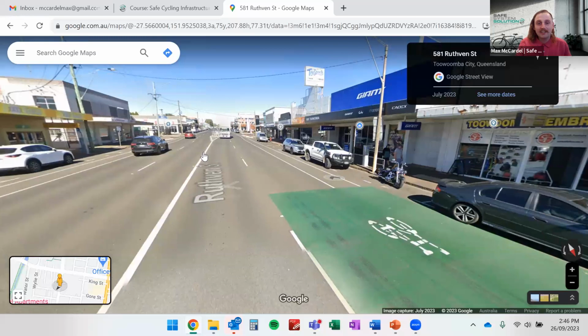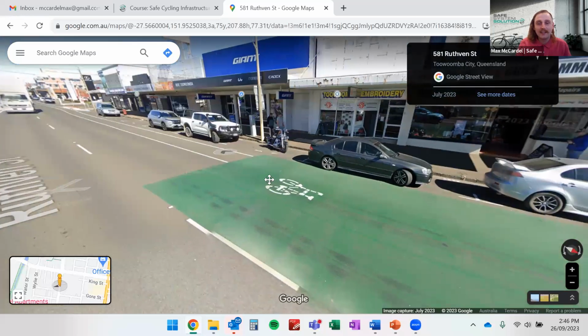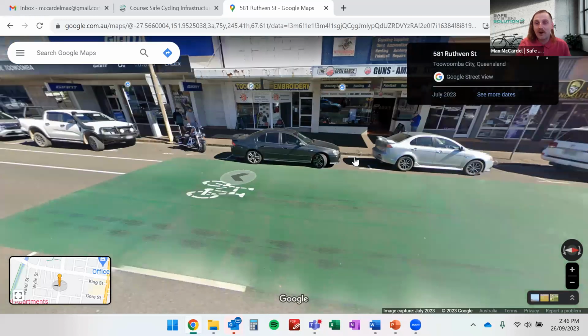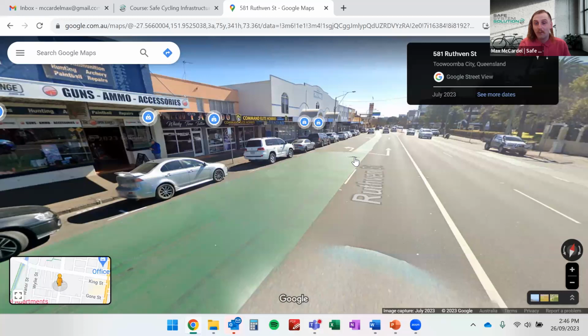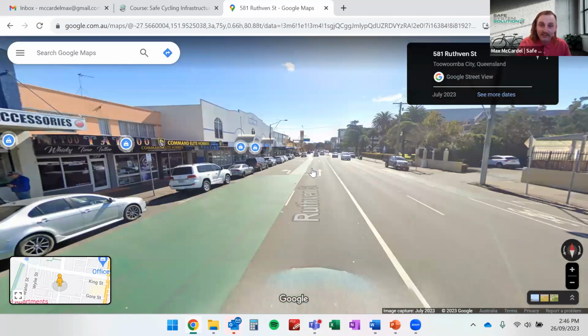So they're coloring this whole rectangle here to bring cyclists across. This whole area has been designated as the conflict zone, where cyclists will be traveling diagonally across from that corner over here.